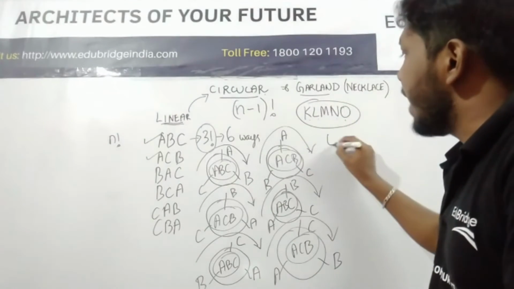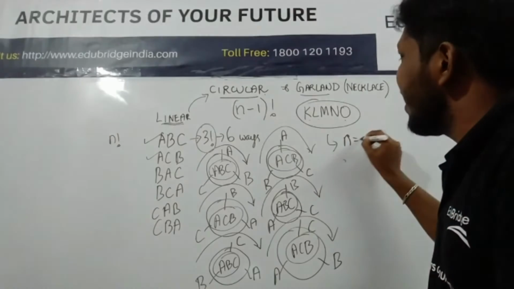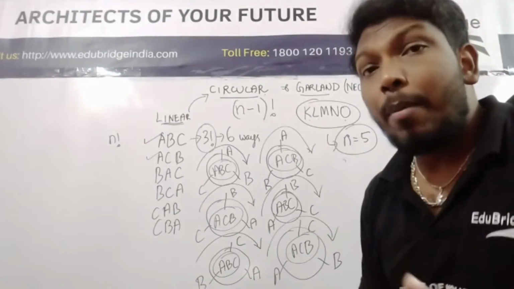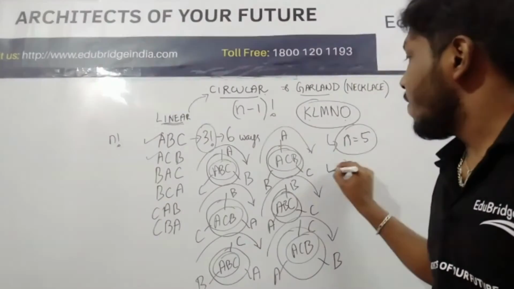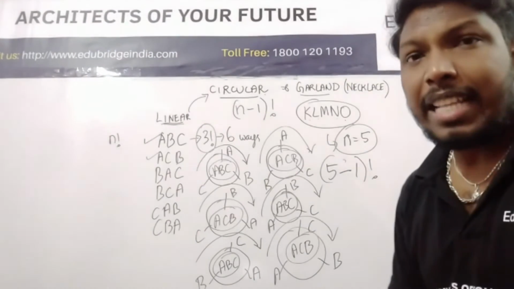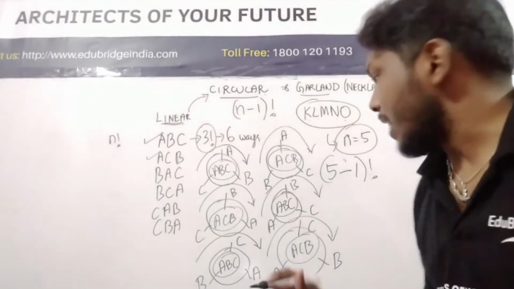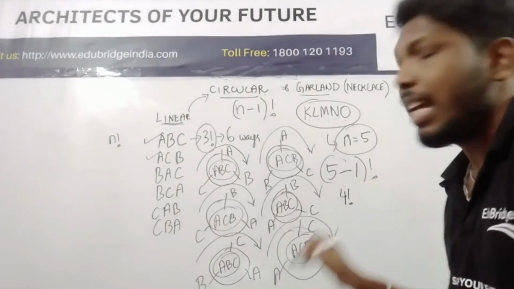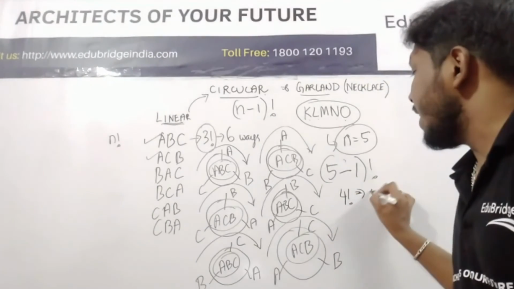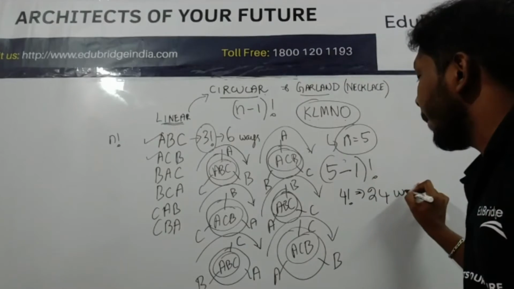So n is 5. If they are sitting at a circular table, how many different arrangements are possible? 5 minus 1 factorial, which is 4 factorial ways. 4 factorial is 24 ways I can arrange them.